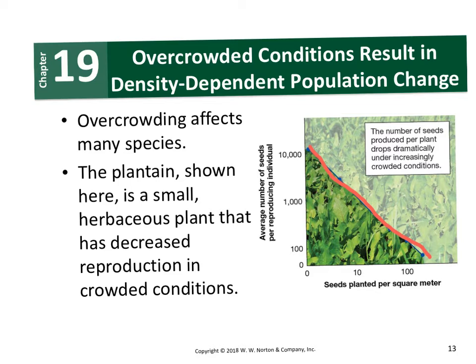So first of all, there's limited area, which limits the amount of sunlight that each plant can have. As the density increases, each plant is now competing for space and sunlight. There's also probably limits on the amount of water that's available underground, and things like that.